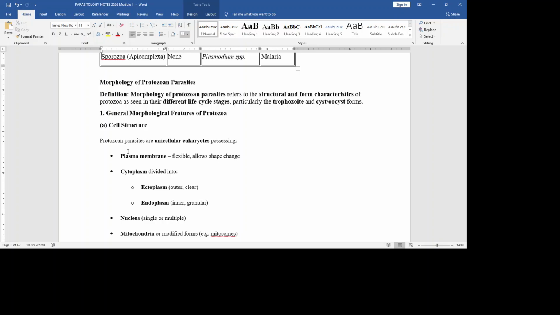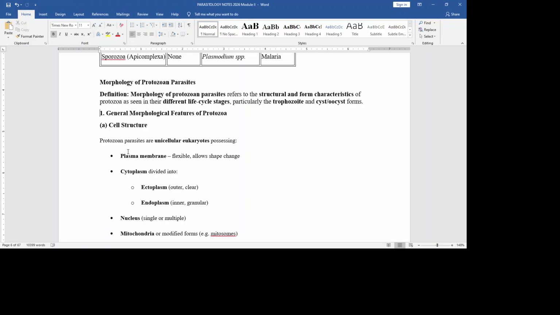This plasma membrane allows flexibility, allowing change of shape. Within the plasma membrane, they have cytoplasm, and this cytoplasm is unique in that it is divided into two distinct layers: the ectoplasm, which is the outer and clear layer, while the endoplasm is the inner layer, and that is granular.